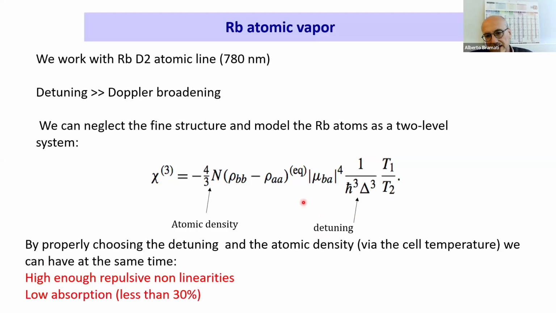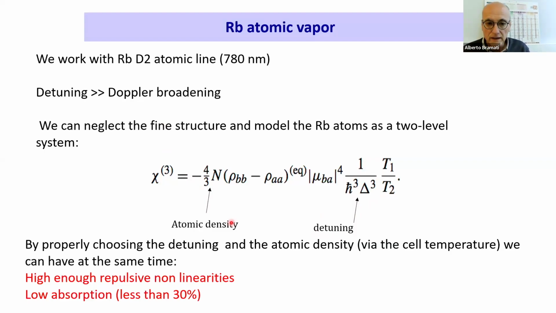So then we can see that, playing with the detuning and with the atomic density, we have two knobs to control the nonlinearities, because we can increase the atomic density by increasing the temperature of the cell, and then we increase the nonlinearity. We can reduce the detuning and then increase the nonlinearities.